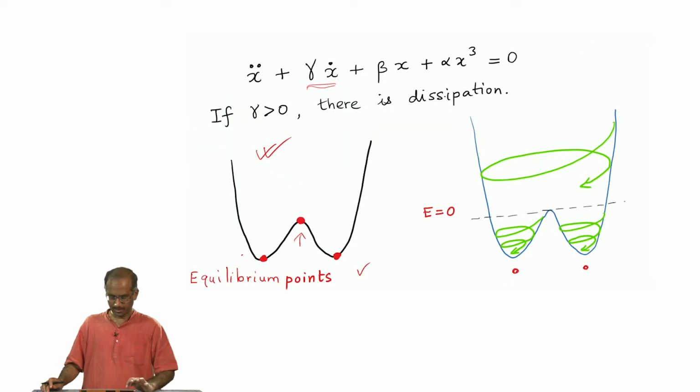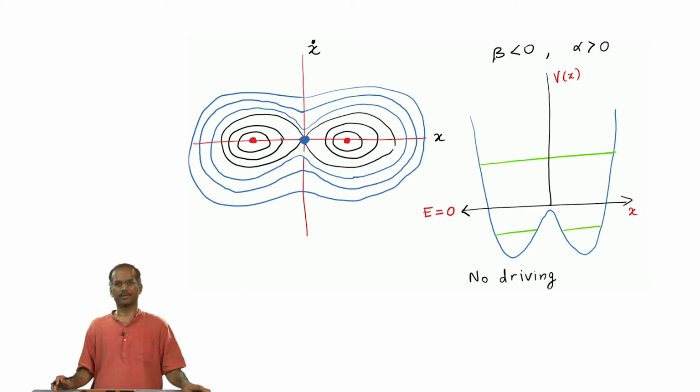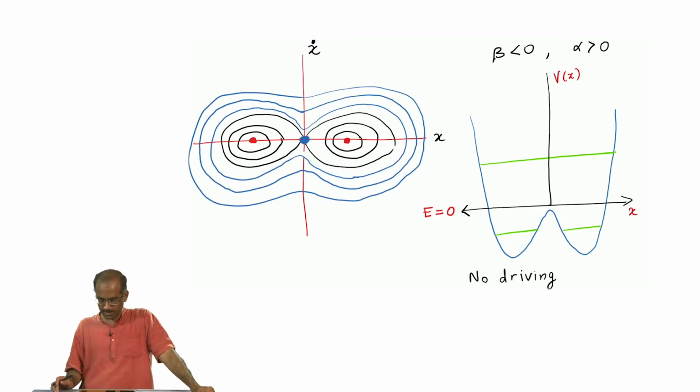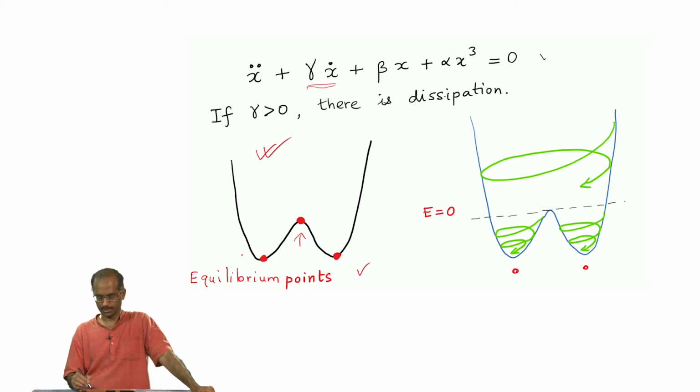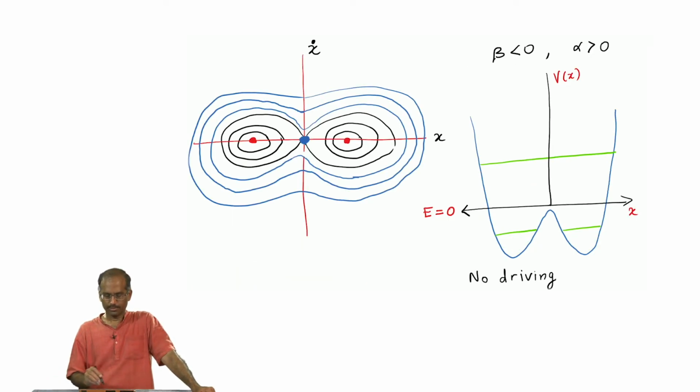Now, let us come back to our problem and see how the phase space would look like for this problem. In this case, when alpha is greater than 0 and beta is less than 0, and again I am not going to introduce dissipation, the phase space curves would look like this.